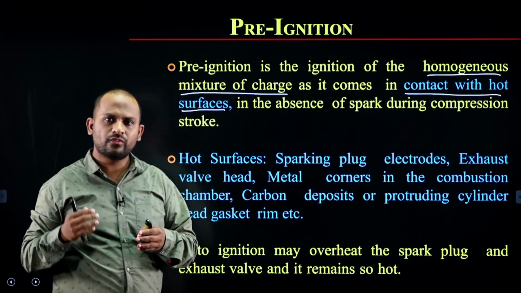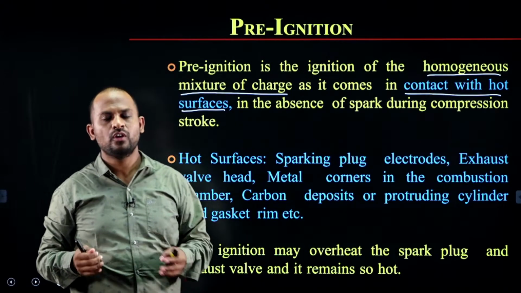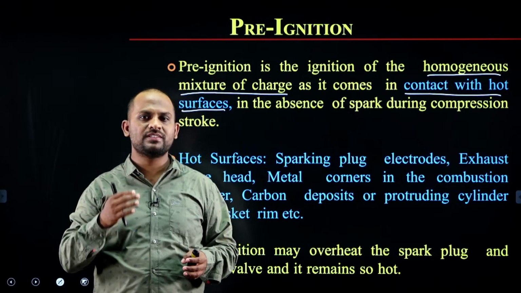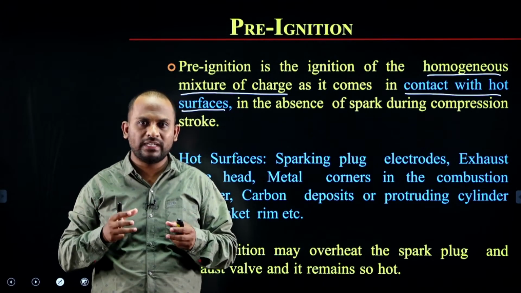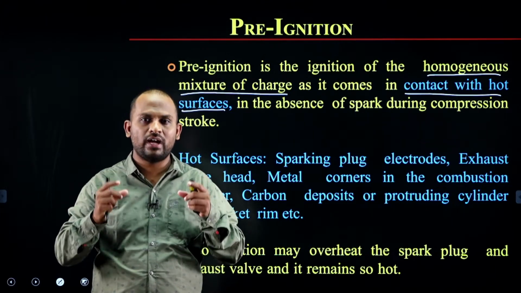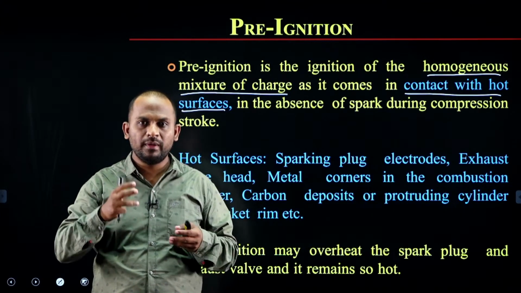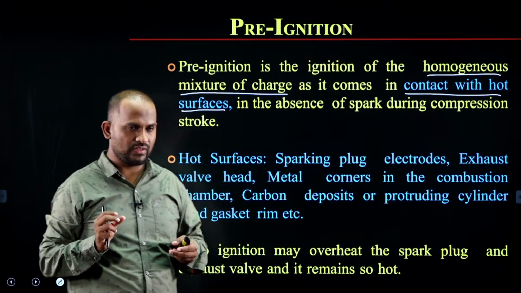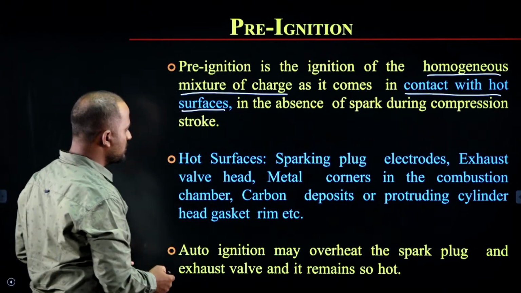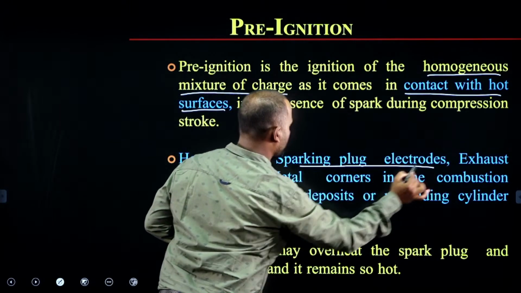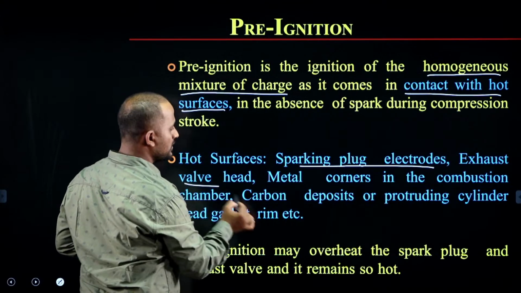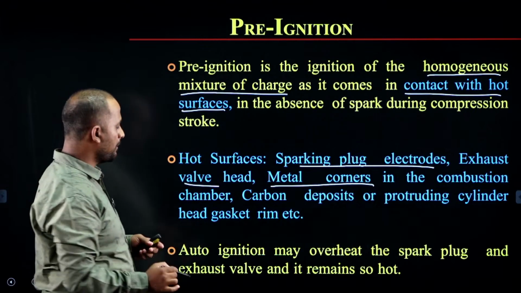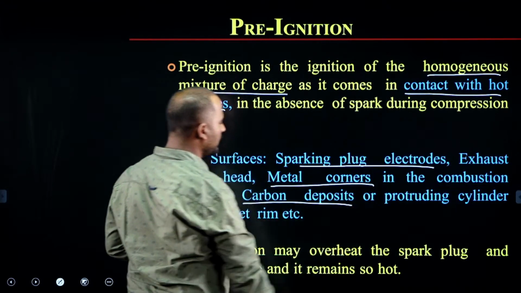It is because of the continuous running of the engine without a proper cooling system and without proper maintenance. Inside the engine, components like the piston, cylinder, valves and the spark plug continuously absorb heat and remain as hot surfaces. So the hot surfaces means the spark plug electrodes, valves and metal corners, and this pre-ignition also happens because of carbon deposits.